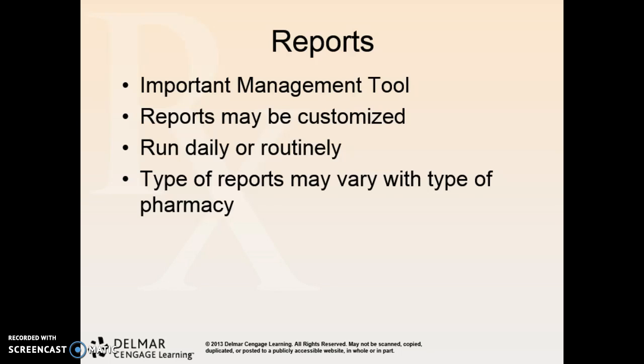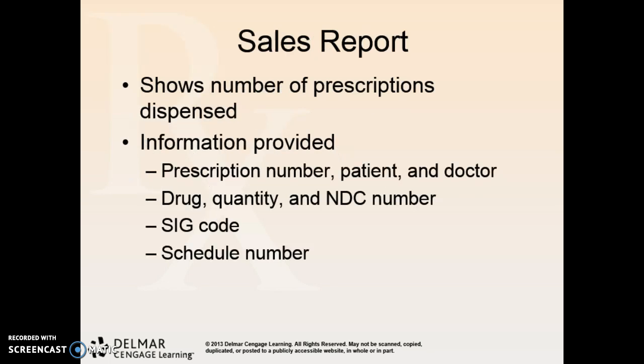Okay, so the first one they're going to talk about is something called a sales report. This report allows you to go in and choose a date range, and then within that date range, look at the number of prescriptions dispensed and specific things about those prescriptions. So everything from the number, the patient, the doctor, the drug, the SIG code, the schedule number.